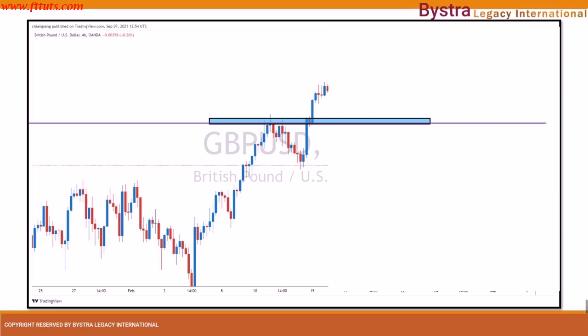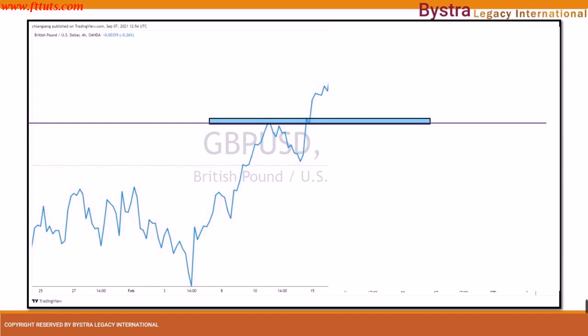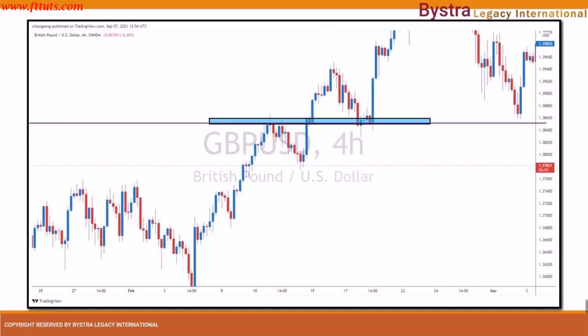Therefore, we shift it to the line chart, and we can see that this is the capital letter A, and it is inside the rally base rally, our entry point. Therefore, the SOP is complete. Next, we wait for the price to react. Price comes back to this area, into our entry point, and continues on the uptrend.